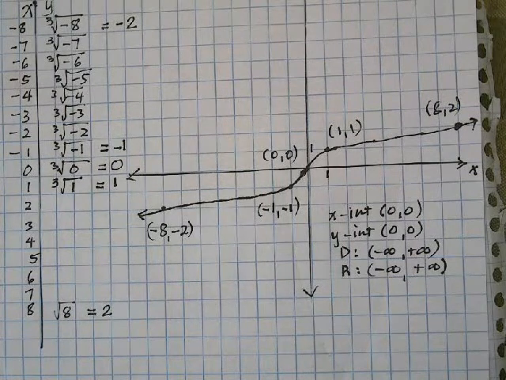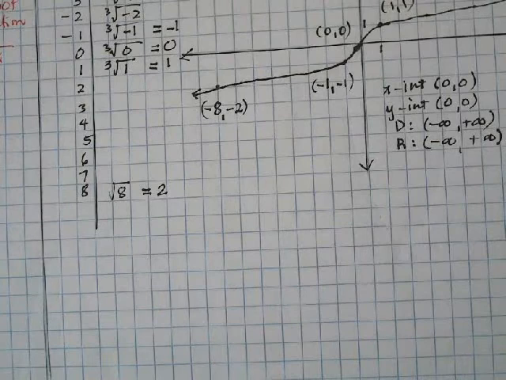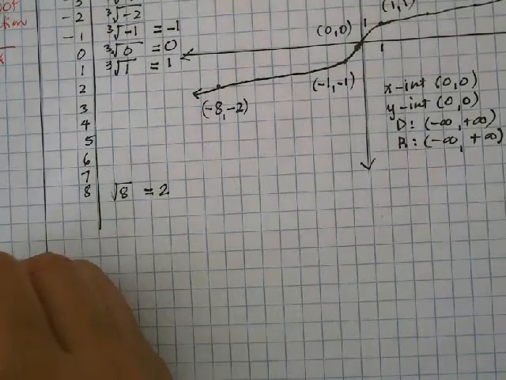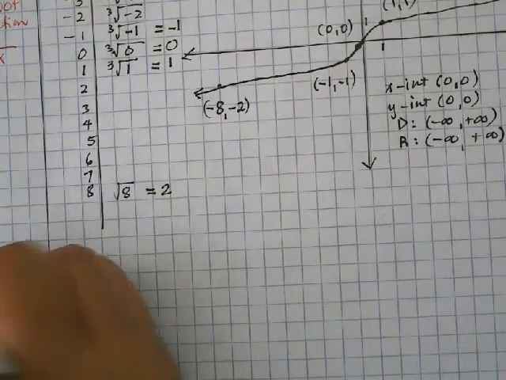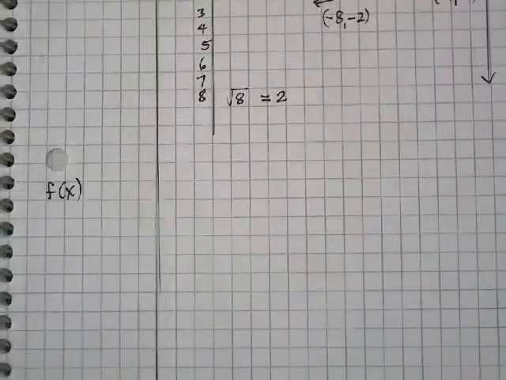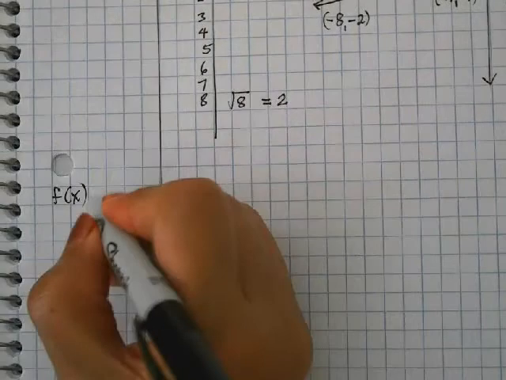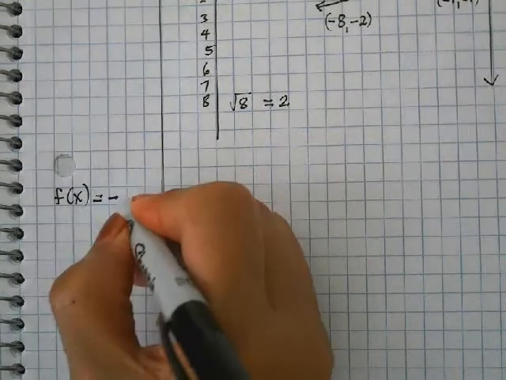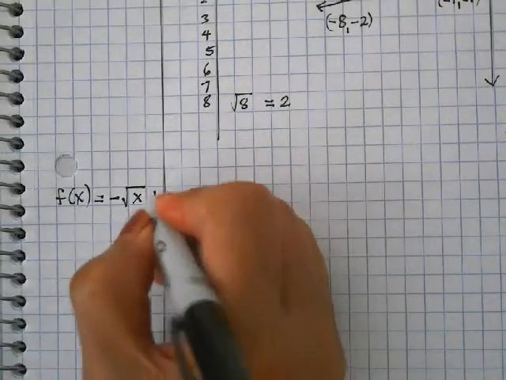Okay, so we're now going to transform square roots and cube roots. I'm only going to give 2 examples. Let's try this f of x. Let's transform a square root: negative square root of x plus 5.